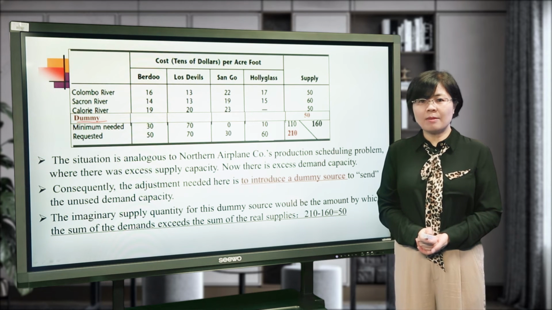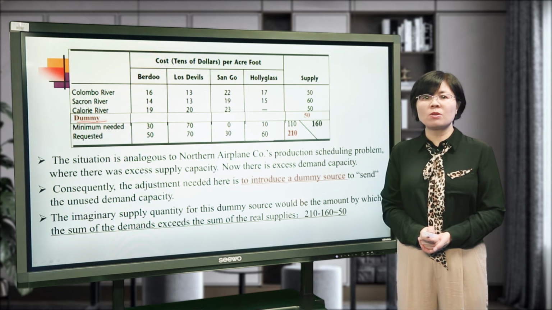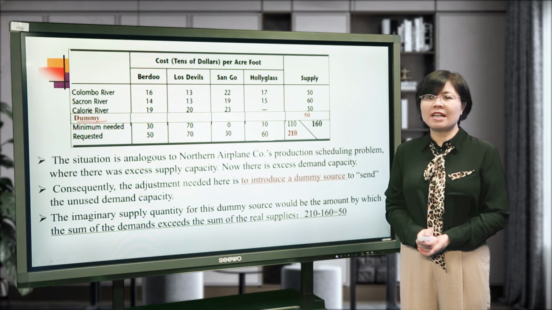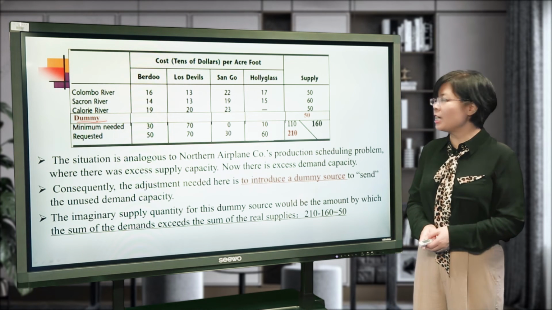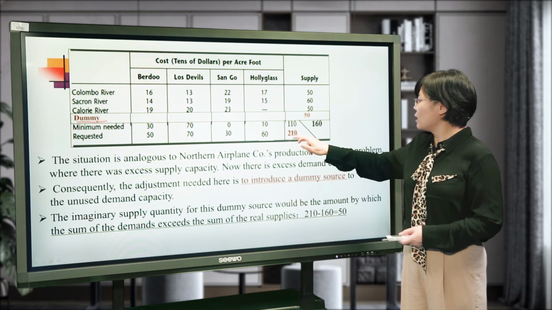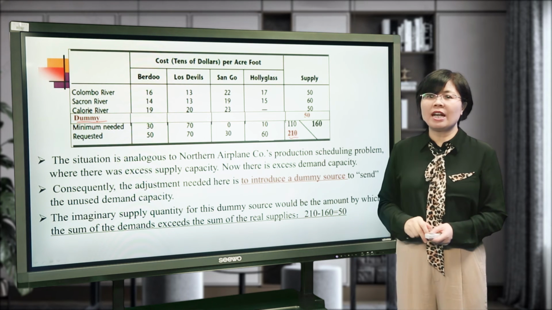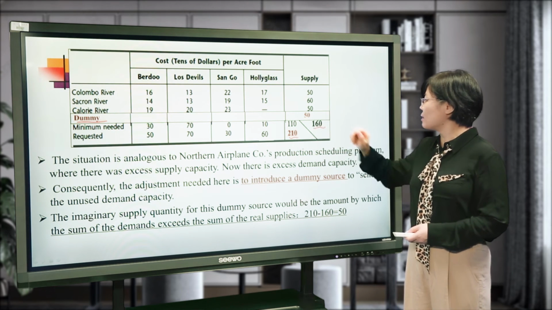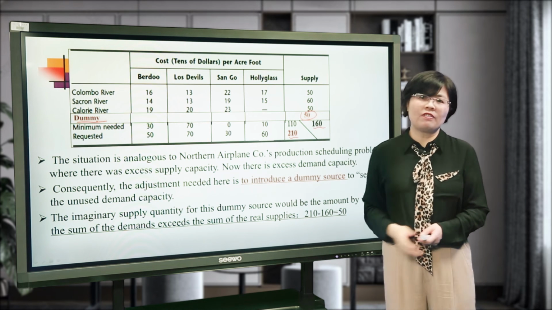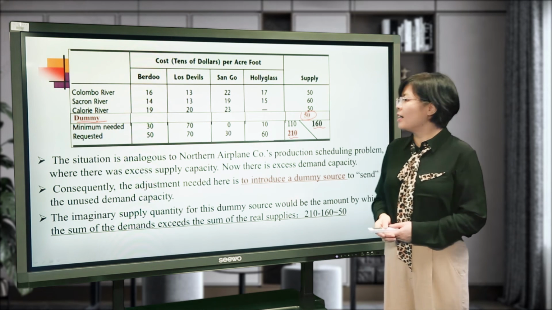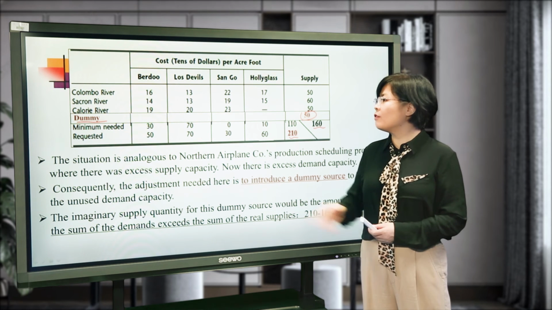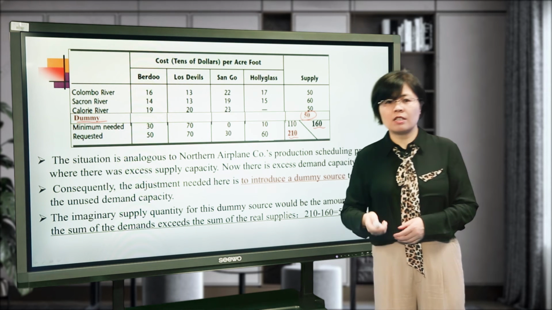The imagined supply quantity for this dummy source would be the amount by which the sum of demands exceeds the sum of supplies. So we use 210 minus 160, which equals 50. So that's the supply of the dummy source.